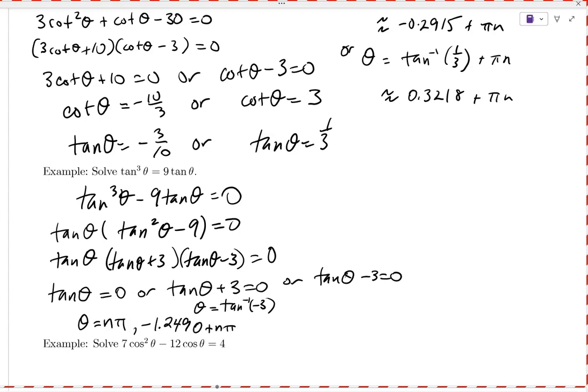And then again, multiples of pi, because the period of tangent is just pi, so we don't have to go looking for another one. And then remember that tangent and inverse tangent are odd functions. So if inverse tangent of -3 was -1.249, inverse tangent of 3 must be the positive of it. Questions on that one? Is that okay?